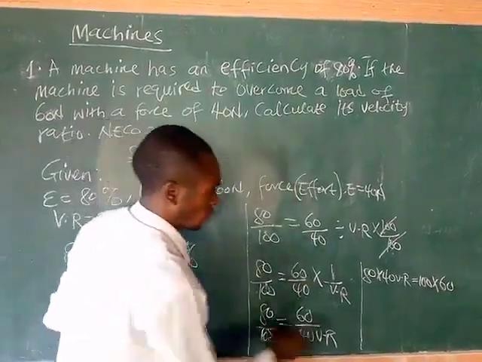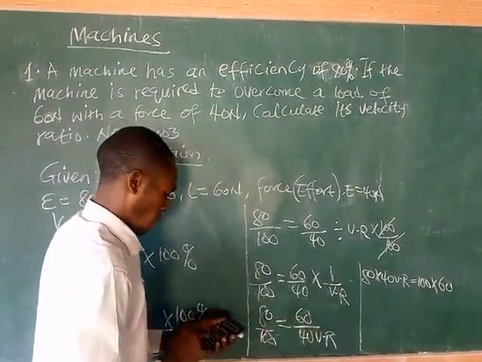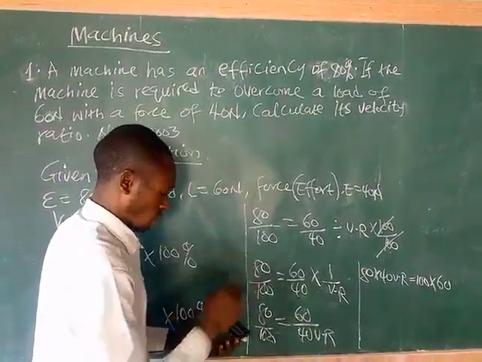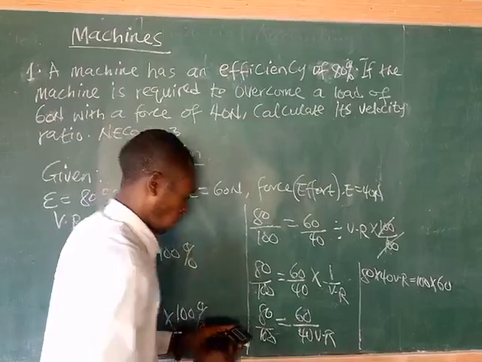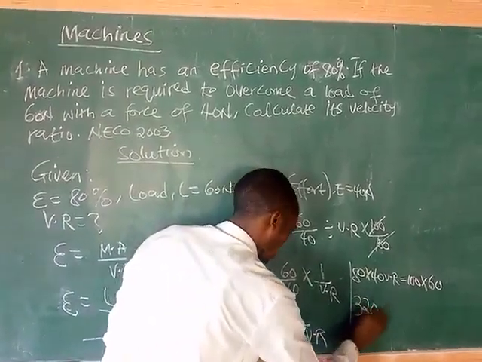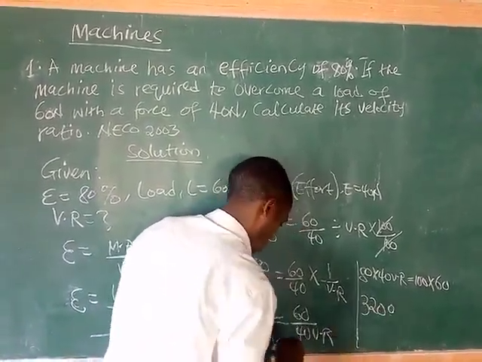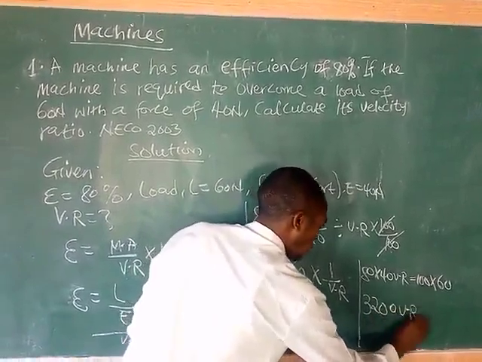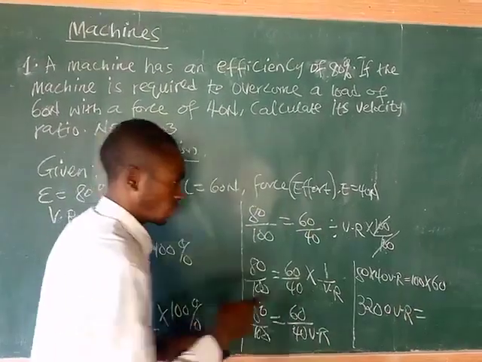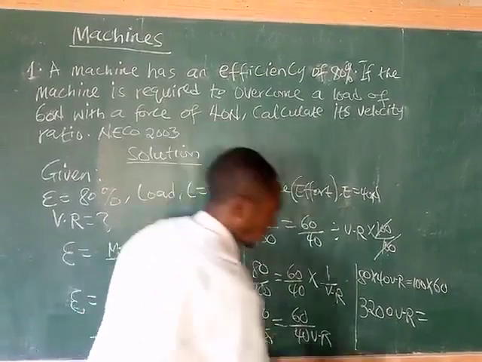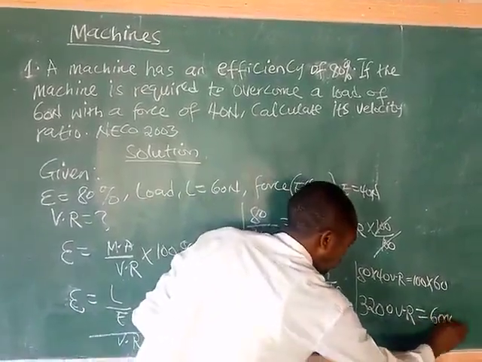If we multiply this, we have 80 times 40, that is 3,200 VR equals 60 times 100, that's the same thing as 6,000.